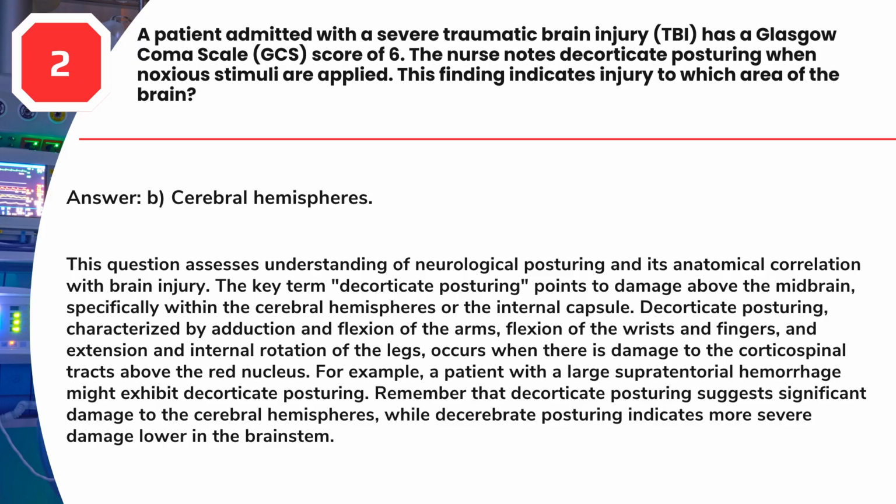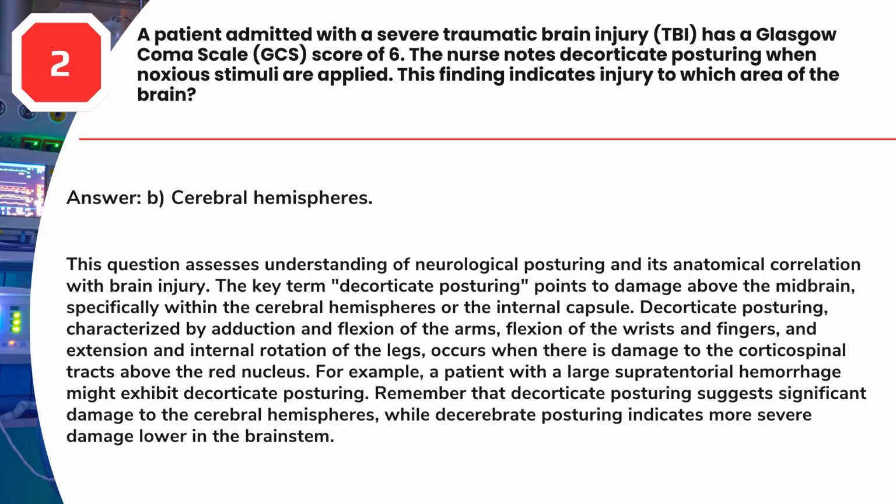Decorticate posturing, characterized by adduction and flexion of the arms, flexion of the wrists and fingers, and extension and internal rotation of the legs, occurs when there is damage to the corticospinal tracts above the red nucleus. For example, a patient with a large supratentorial hemorrhage might exhibit decorticate posturing. Remember that decorticate posturing suggests significant damage to the cerebral hemispheres, while decerebrate posturing indicates more severe damage lower in the brainstem.